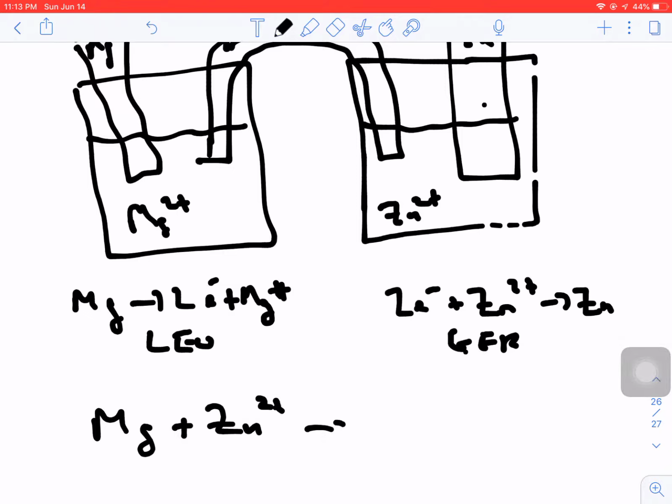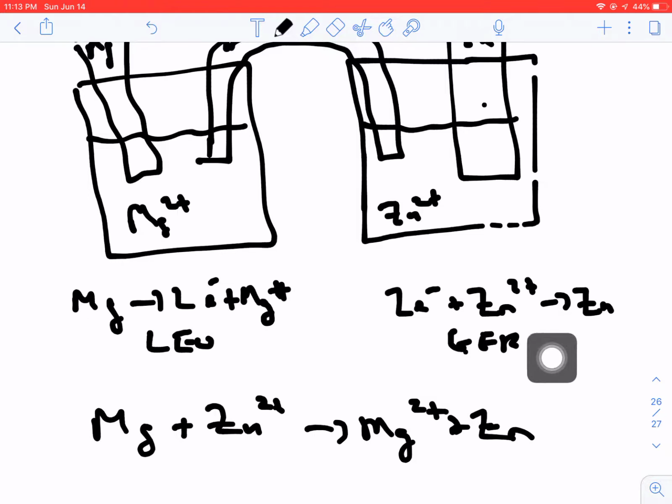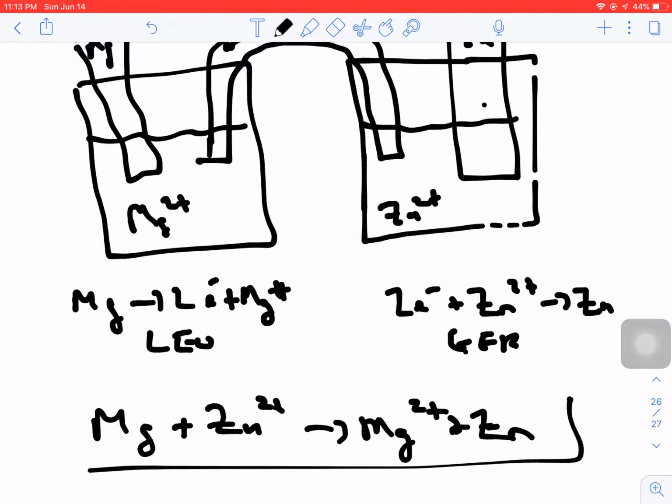And I'm going to turn them into a magnesium 2+ on the right and a zinc on the right. And notice that I had plus 2 electrons on this side as a reactant and plus 2 electrons on this side as a product, so everything balances. And there's my ionic, there's my whole cell reaction.